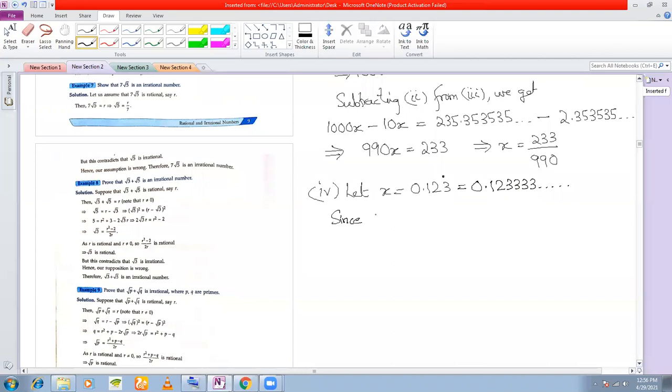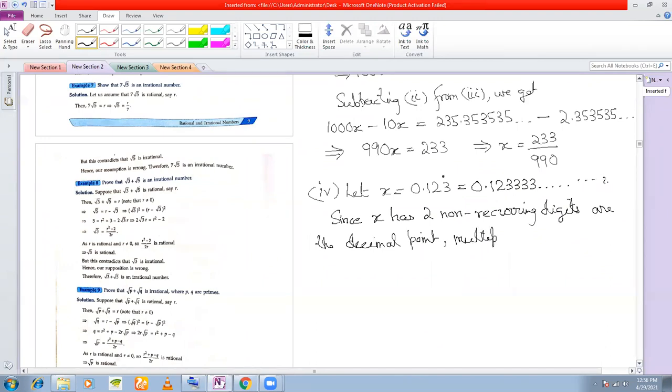Since x has 2 non-recurring digits after the decimal point, let us call this 1, multiplying both sides of 1 by 100, because there are 2 non-recurring digits.